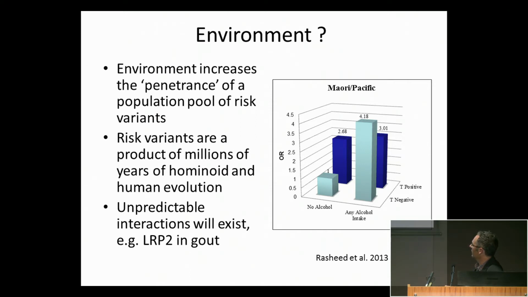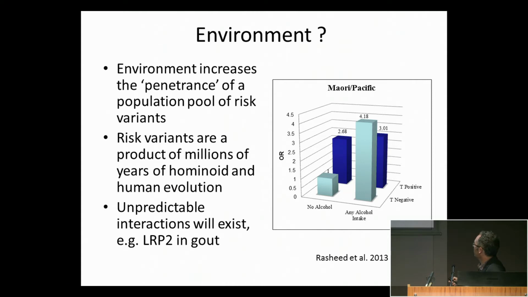I just want to point out that unpredictable interactions will exist, and here's an example from a particular gene in gout. Gout's a major research area, and here's a cohort of Maori and Pacific people who have been subdivided into 4 groups, according to whether they self-report any alcohol intake or no alcohol, and then on this axis here, whether they've got a particular genetic variant, and here's the reference group.